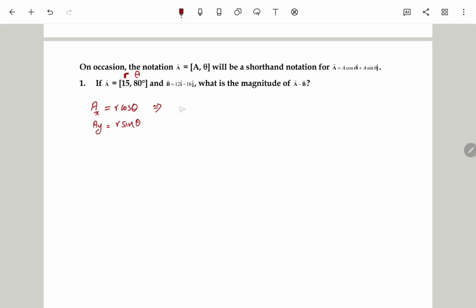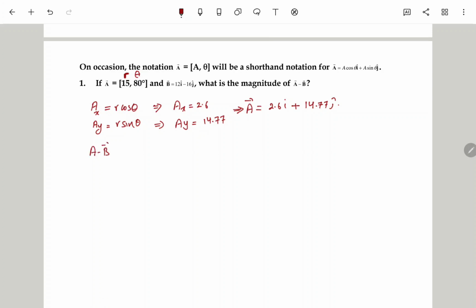So in this case, Ax equals 2.6 and Ay equals 14.77. So A as a vector equals 2.6i plus 14.77j hat. Now the magnitude of the vector A minus B, let's find A minus B first.